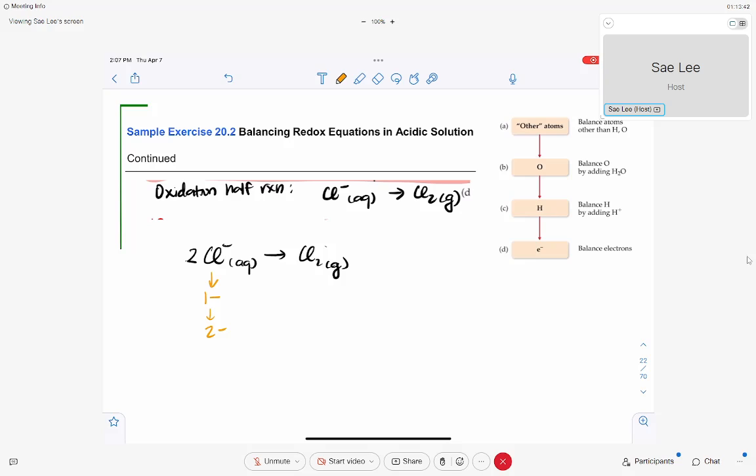Chlorine is a neutral diatomic molecule, so we know that the charge on the right side is 0.